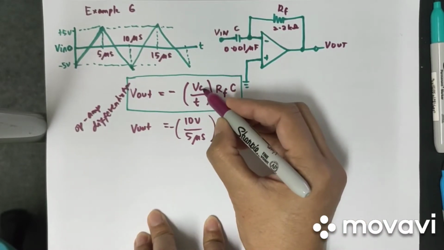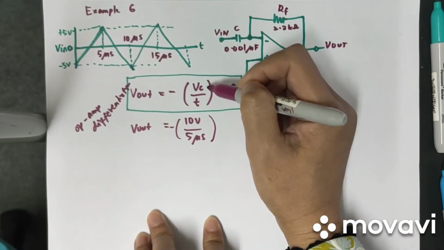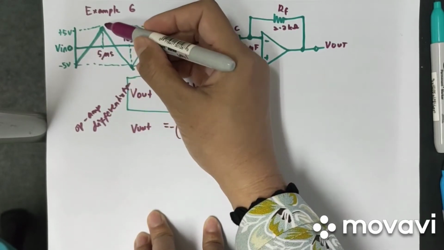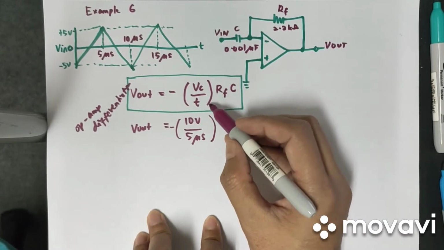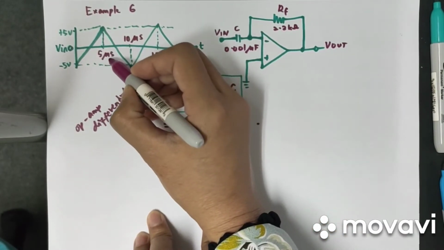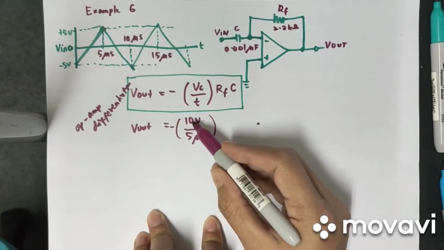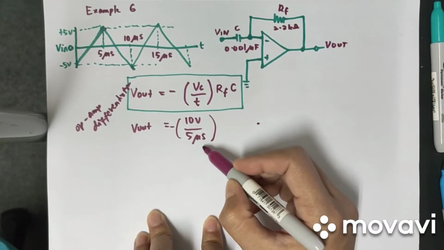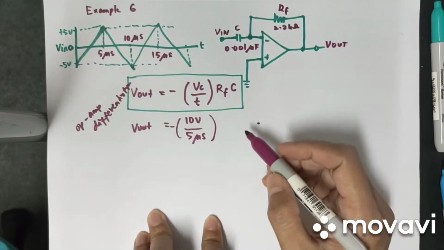So here VC is the difference of voltage when it is a positive going ramp. Over 5 millisecond for the first ramp up, 10 volt over 5 millisecond for the first ramp up here.